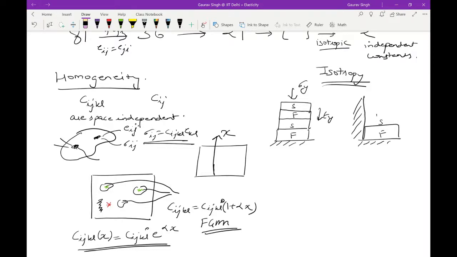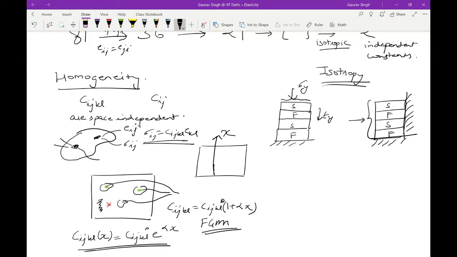Let me call these foam, steel, foam, steel. Apply sigma y over this entire area, and this should be sigma x, and calculate how much strain has happened in the x direction.